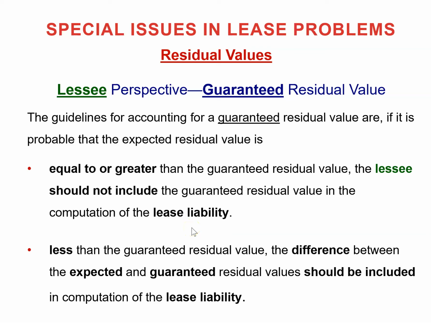If you remember the finance lease example you learned earlier, there was a guaranteed residual value, but the expected residual value was greater than the guaranteed residual value, and that's why we did not include it when we calculated lease liabilities. On the other hand, if the expected residual value is less than the guaranteed residual value, what will we do? We will take the difference between the expected and guaranteed residual value, take the present value, and include it in the lease liabilities.